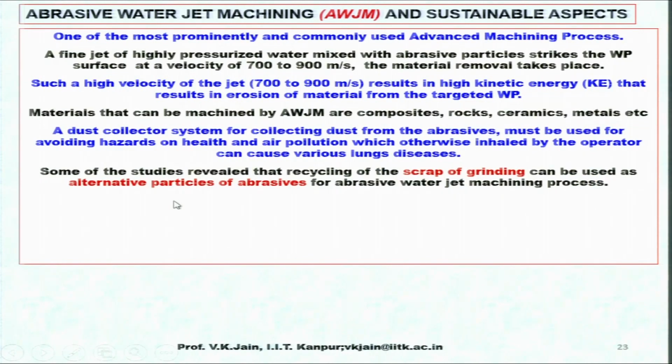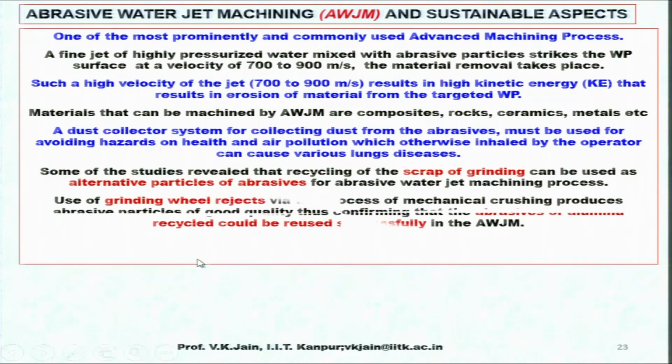Some of the studies revealed that recycling of the scrap of grinding can be used as alternative abrasive particles for abrasive water jet machining. So this is economical as well as saving the material. Use of grinding wheel rejects via the process of mechanical crushing produces abrasive particles of good quality.